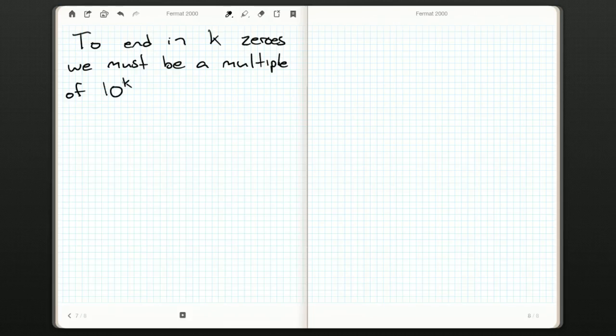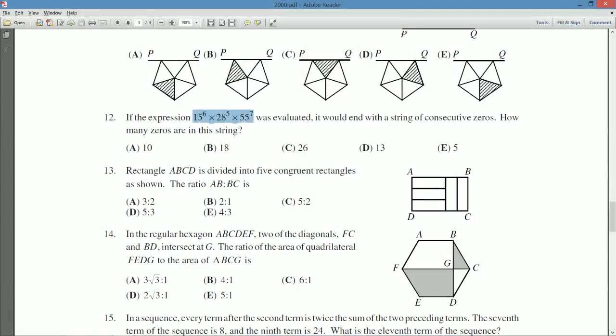So what's the largest power of 10 that goes into this number? Well, it's very difficult to figure out. We can't exactly multiply this out. I don't think a calculator is going to handle this. Although, let's check. 55 to the power of 7. Yeah, that's already way too big for my calculator to handle.